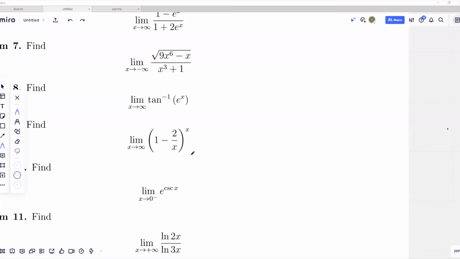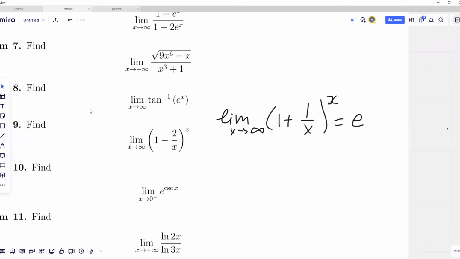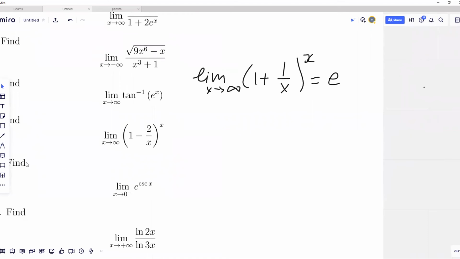Okay, next problem. That limit here reminds us of the following limit: limit as x goes to plus or minus infinity of 1 plus 1 over x to the power of x. So this limit is equal to e. Let's try to bring this limit here to this form.